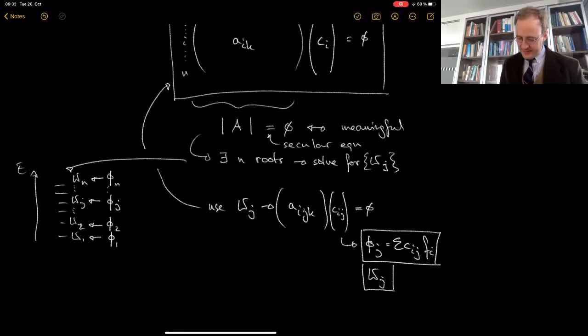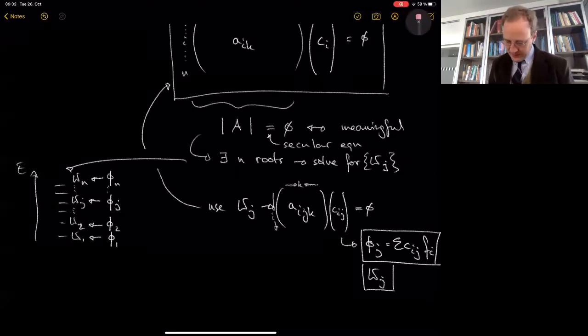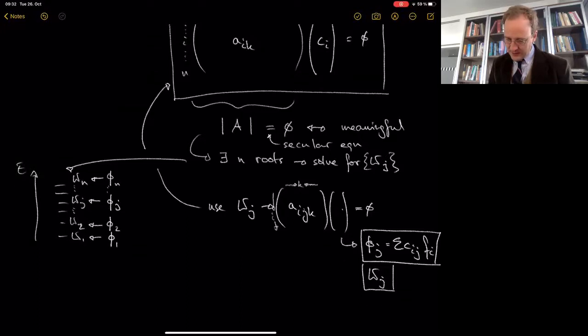If this is your k dimension, and then this is your i dimension. Excuse me, let me pick the other index. It doesn't matter which index you pick.